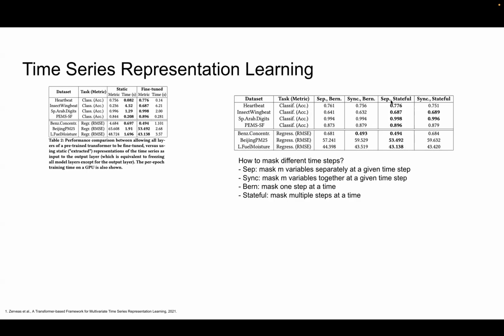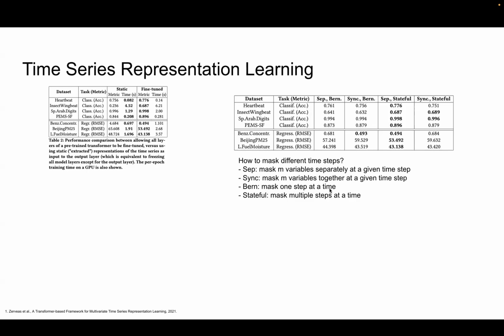And the table shows that all combinations can give us some good performance, but out of the 4 combinations, we are able to get the best performance from masking the M variables separately and also masking multiple time steps at once.